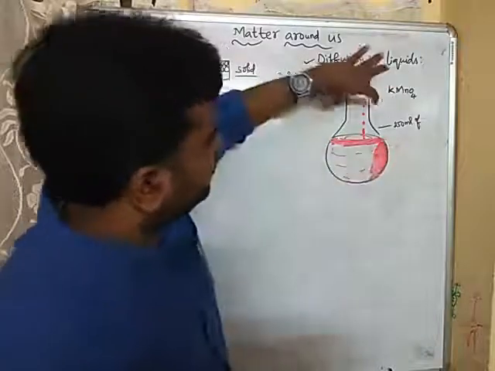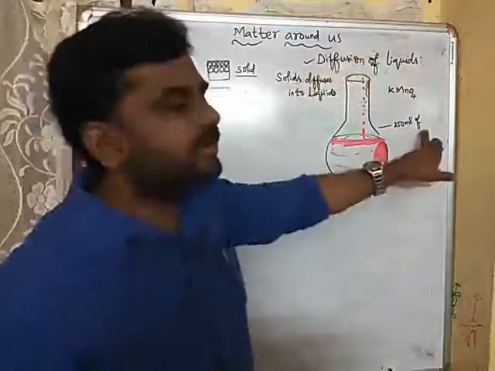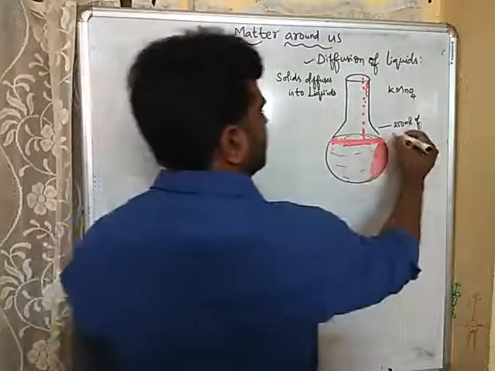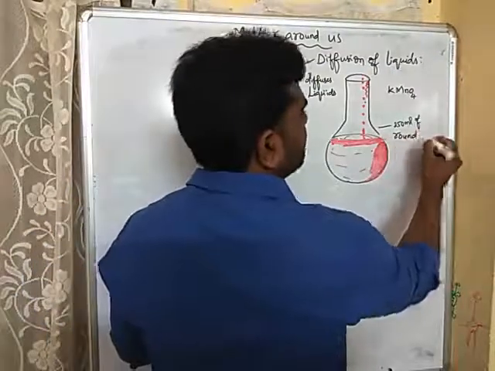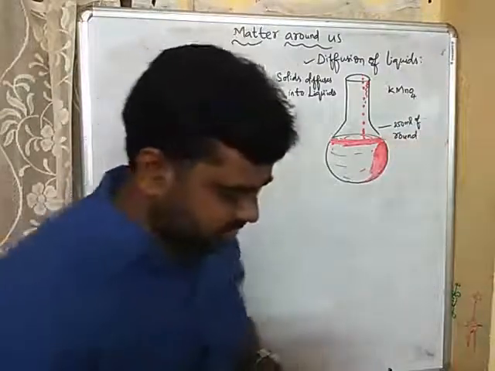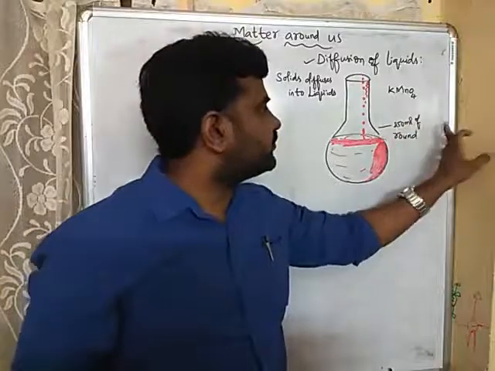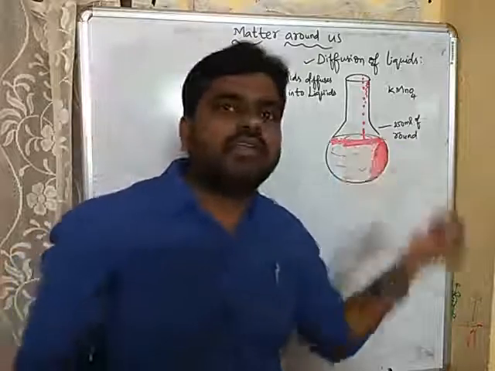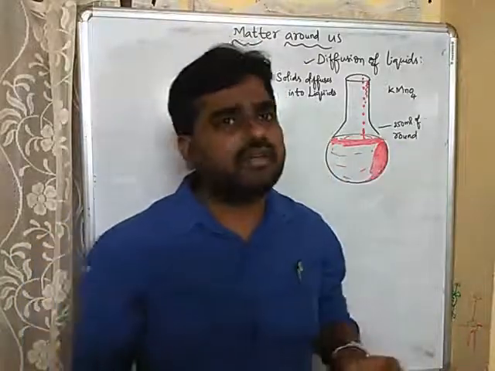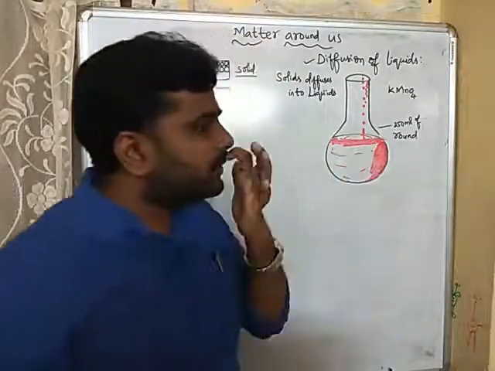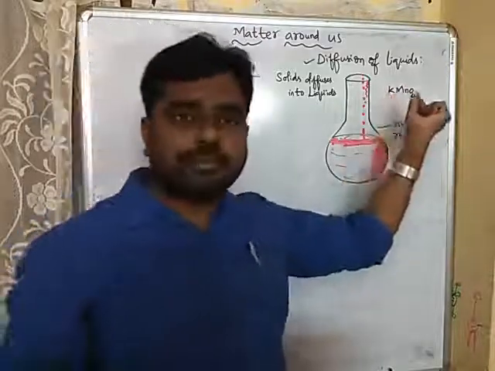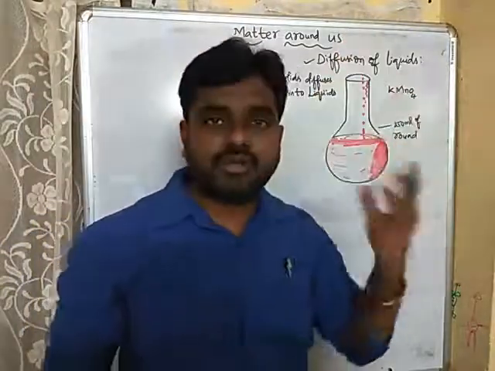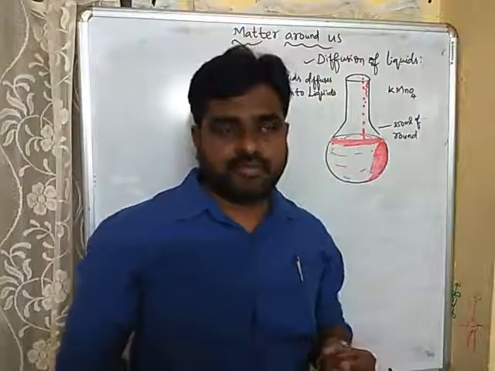First, take a 250 ml round bottomed flask, which is available in your science laboratory. Take some quantity of water, say 50 ml or 100 ml, and take potassium permanganate, which is available in the chemical laboratory in our school.